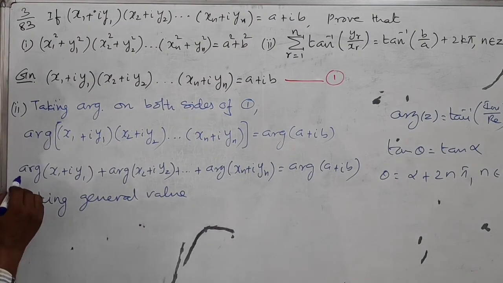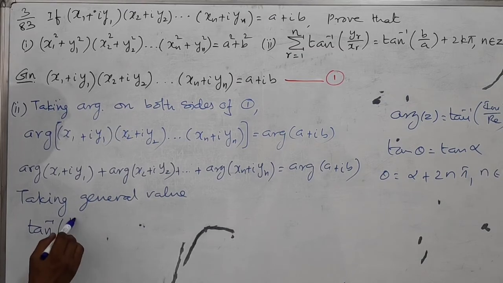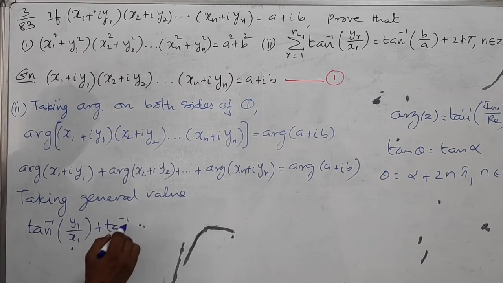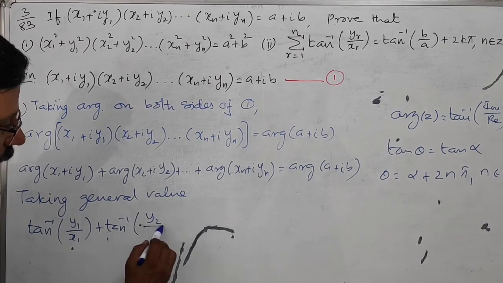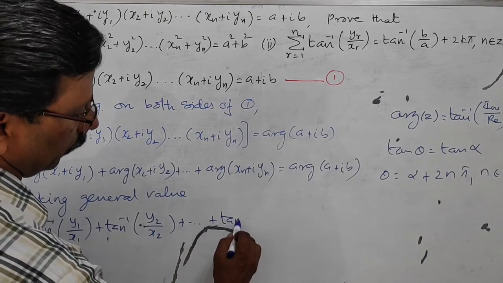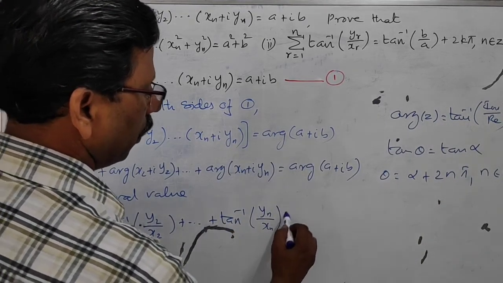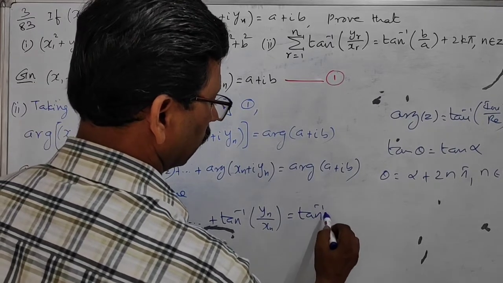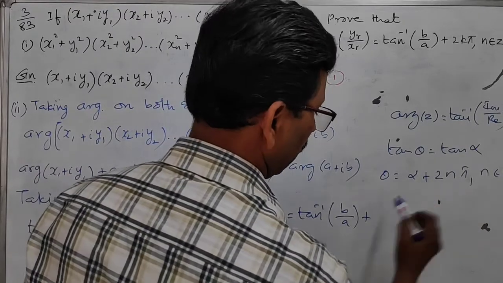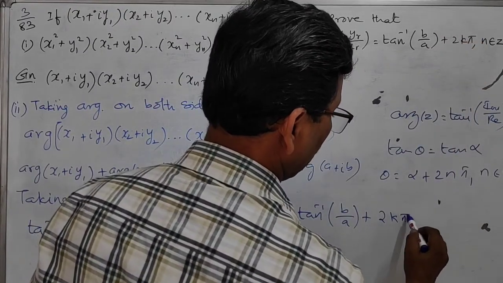Therefore, the argument will be tan inverse of imaginary part by real part, plus tan inverse of imaginary part by real part, plus and so on, plus tan inverse of imaginary part by real part, which is equal to tan inverse of imaginary part by real part plus, for the general solution, 2k pi, here instead of n it is given as k.